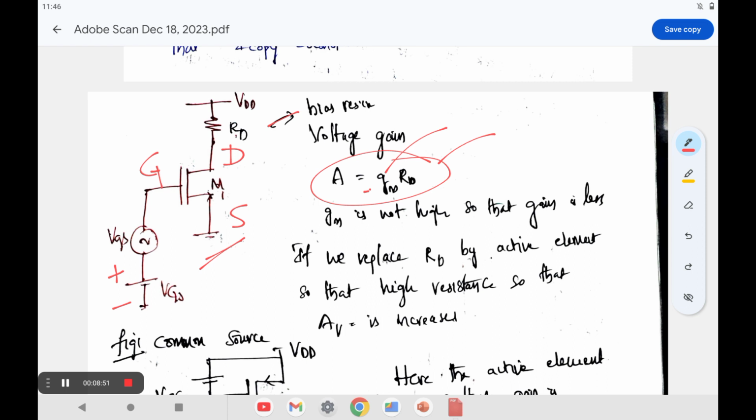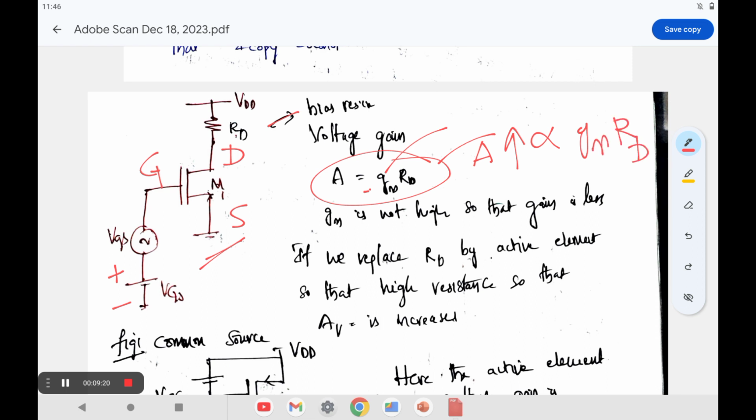I think all of you are familiar with these words from our basics, right? GM and RD, where RD is nothing but the drain resistance. So here the problem is that if you want to increase the gain of the device, it is directly proportional to GM and at the same time RD.